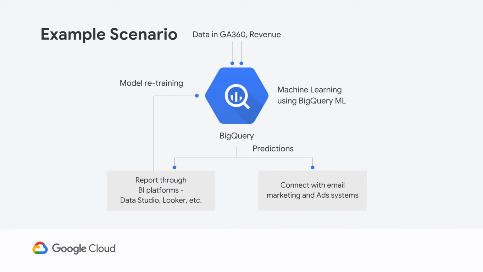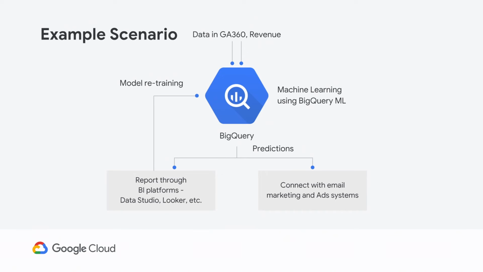Yep. Imagine a typical scenario where you have website analytics data coming in from Google Analytics 360, and say revenue data coming in. A lot of our customers join across the two to make marketing decisions. But the typical output of this join, as I mentioned earlier, is just a chart on a dashboard. What BigQuery ML allows you to do is build a machine learning model to do predictions.